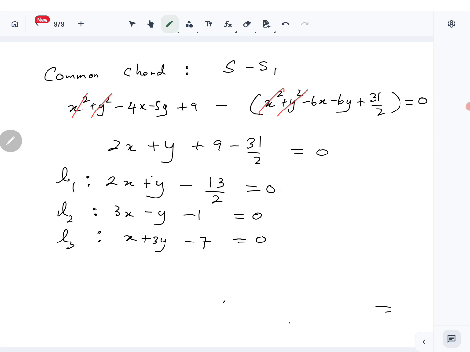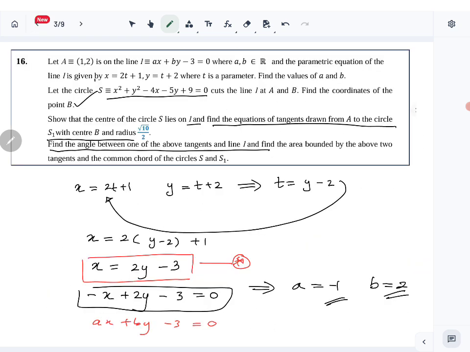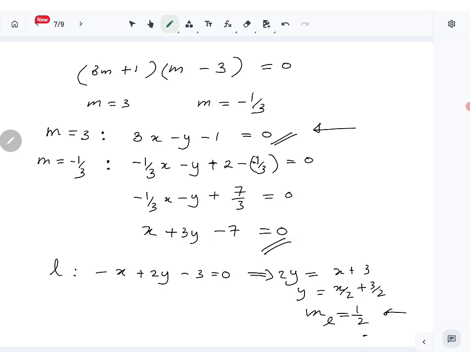Now L2 and L3 are perpendicular. Then we want the area bounded by these three lines, the above two tangents and the common chord.